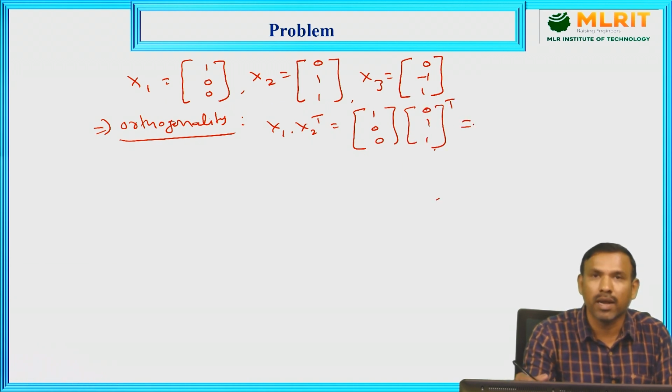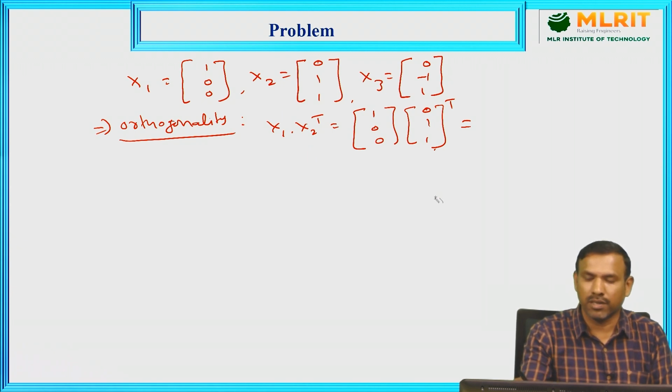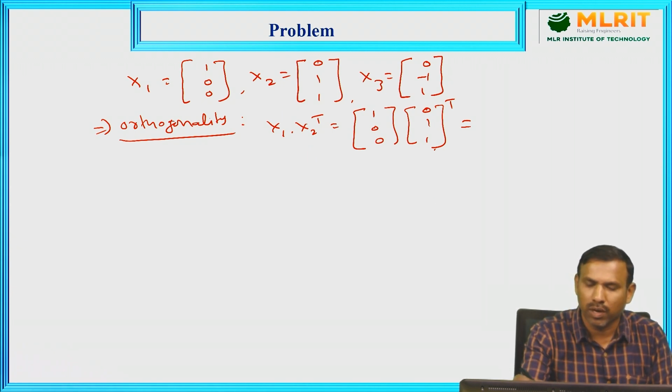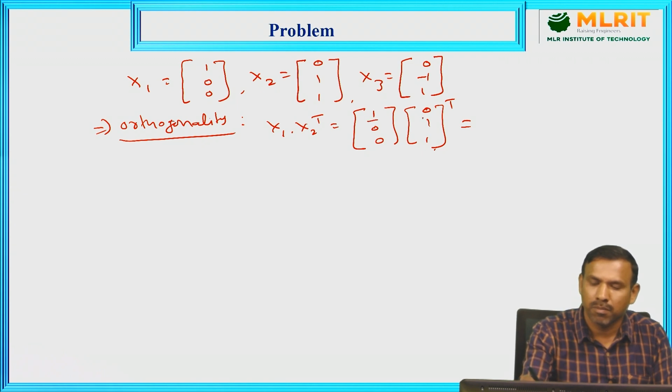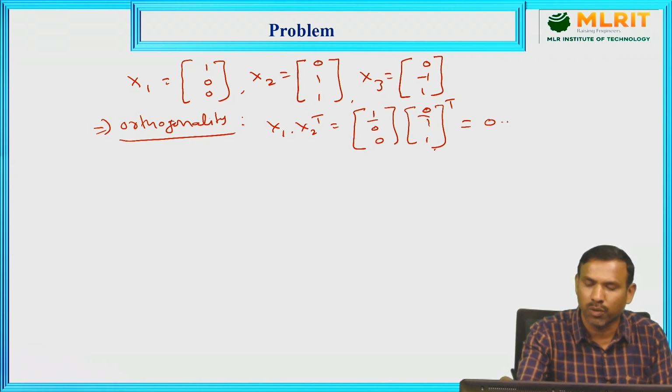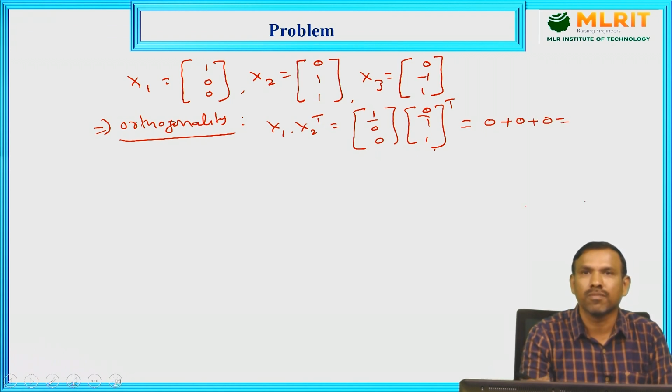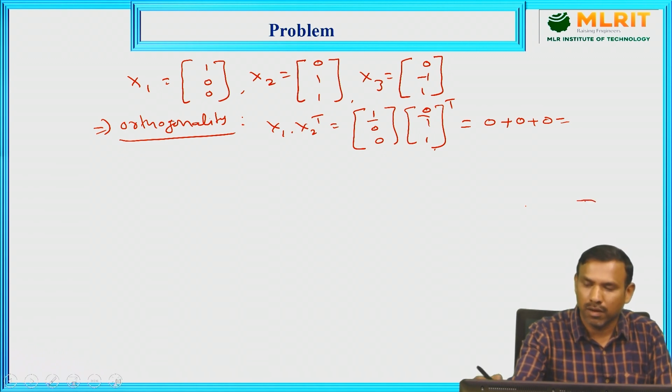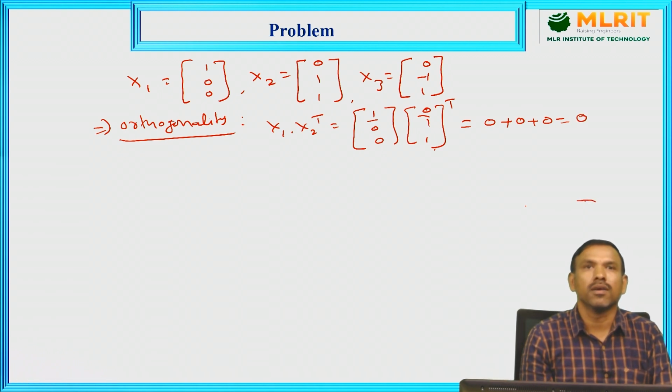Multiply the corresponding elements: 1 into 0 plus 0 into 1 plus 0 into 1, the summation is 0. So, these two vectors are orthogonal to each other.